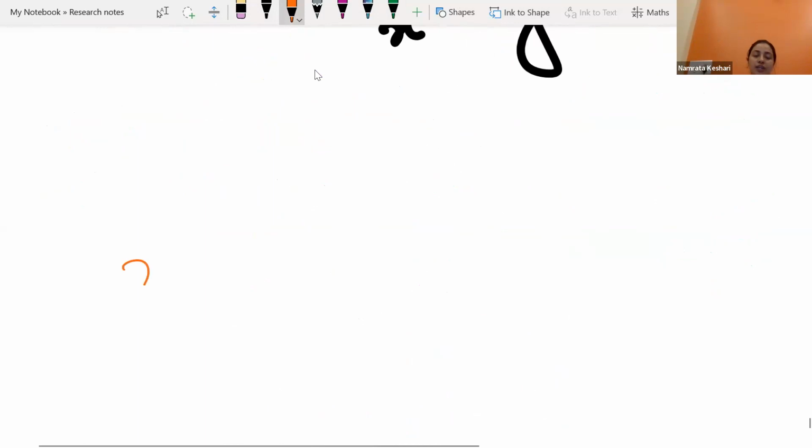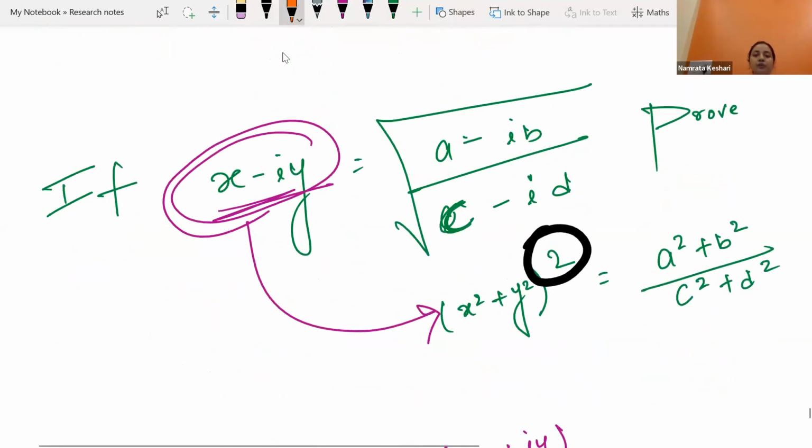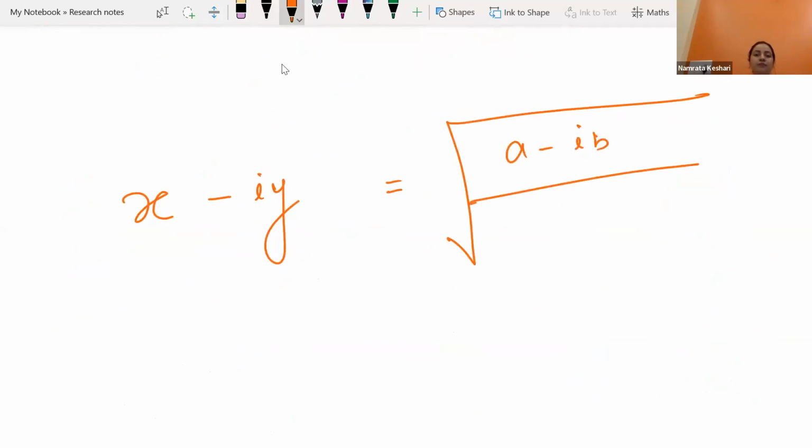x minus iy, what is given? The square root of a minus ib over c minus id. Now we are trying, this is equation 1 which is already given.